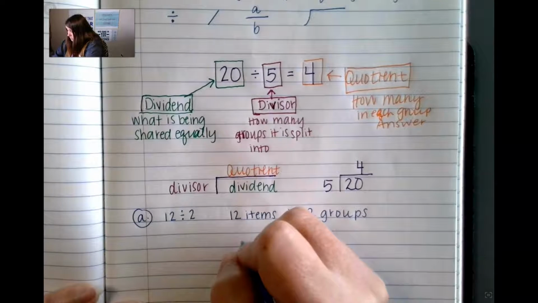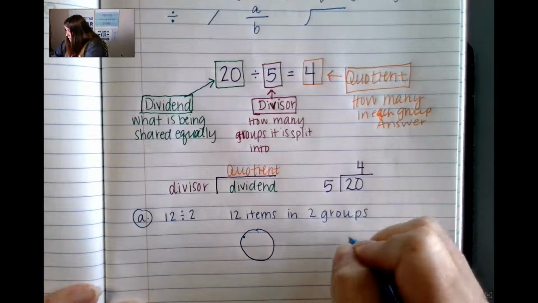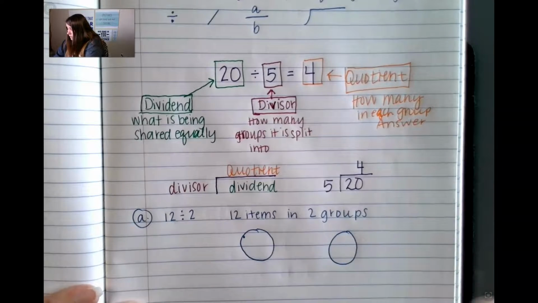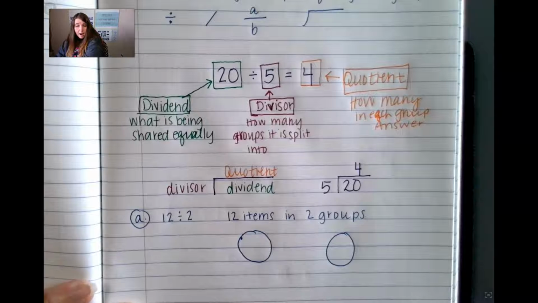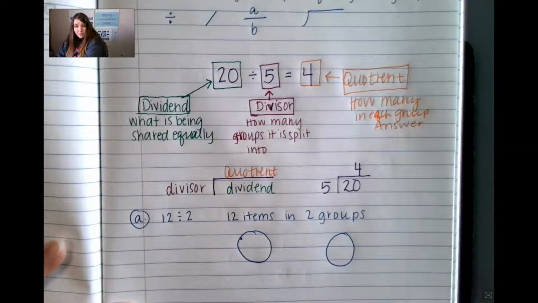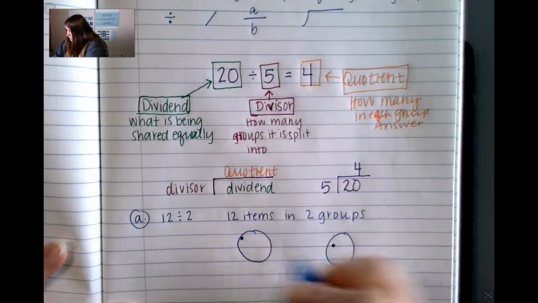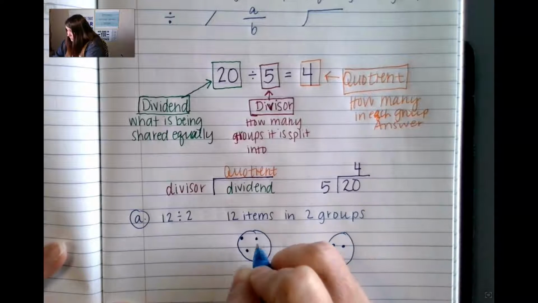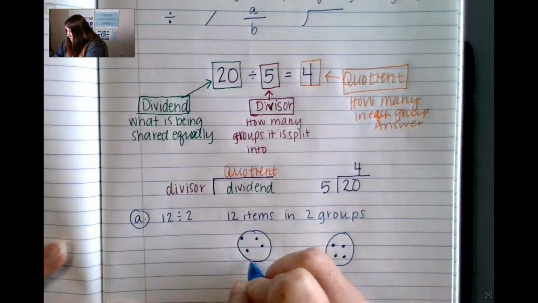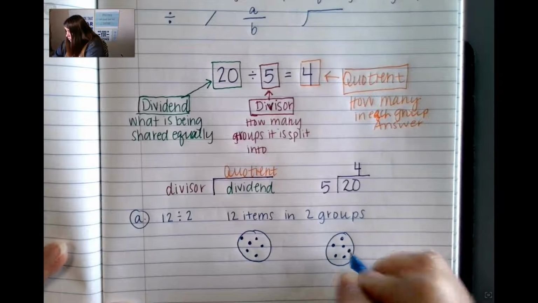So I could draw this out like this. Here, I'm going to make a group here, and I'm going to make a group here. So I have 1 group, 2 groups, and in each group, I'm just going to start splitting until I get rid of my 12 things. So here's 1, 2, 3, 4, 5, 6, 7, 8, 9, 10, 11, 12.